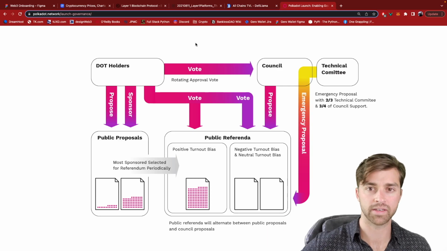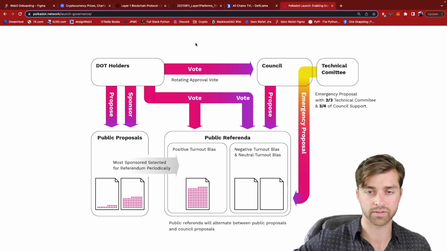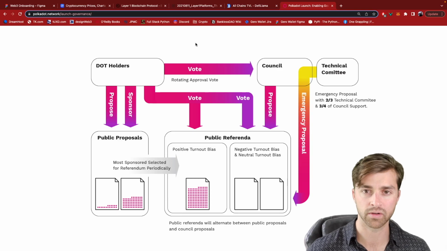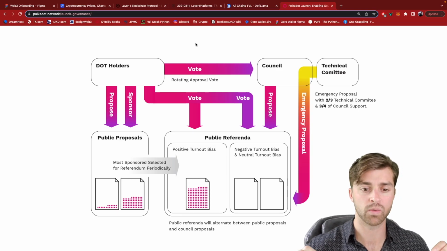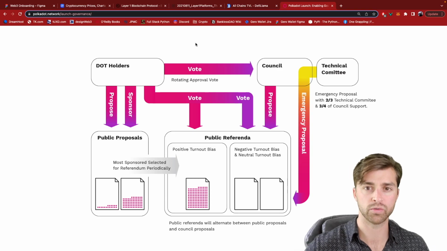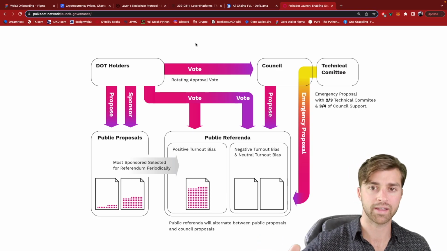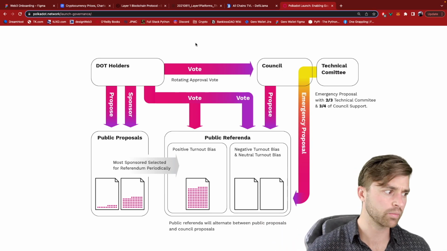Any upgrades that need to happen in the next several years or 10 years out or 100 years out, however long these things stick around, you can use that layer one's native cryptocurrency to vote on proposals and make changes to the underlying protocol. So that's one utility function.